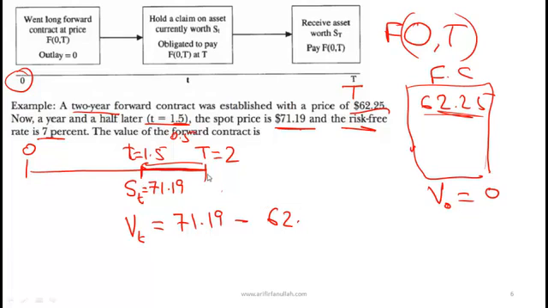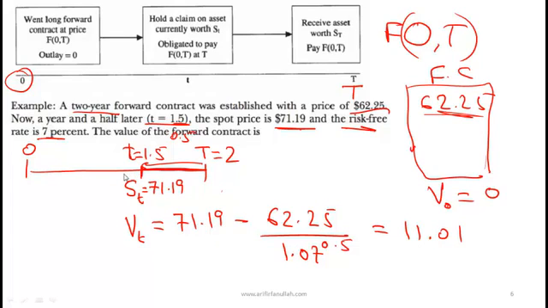So the present value of 62.25 would be 62.25 divided by 1.07 to the power of 0.5. And if you do the math, this should come out to be 11.01. So the value of this piece of paper is 11.01 at this point in time.